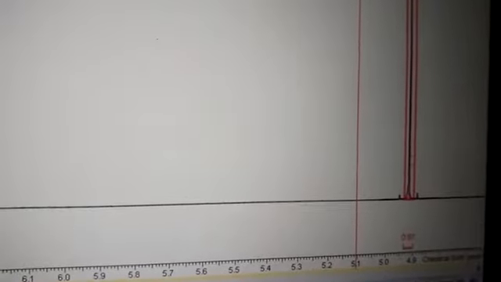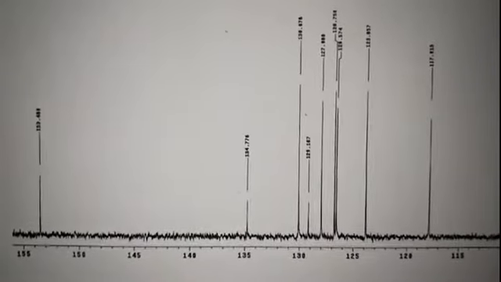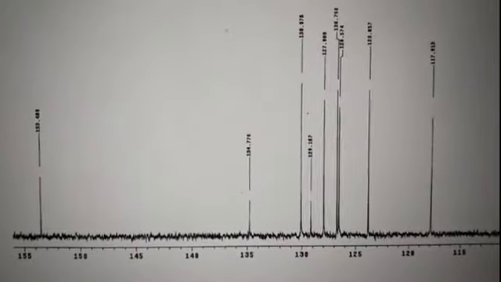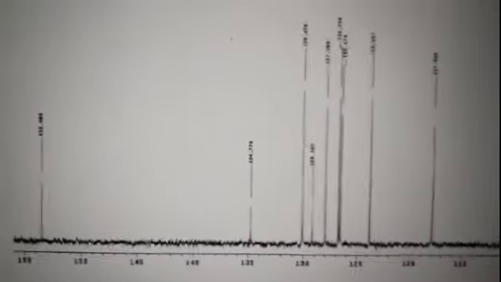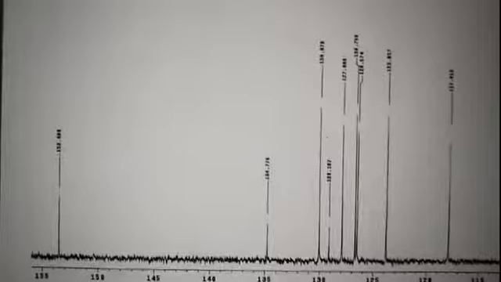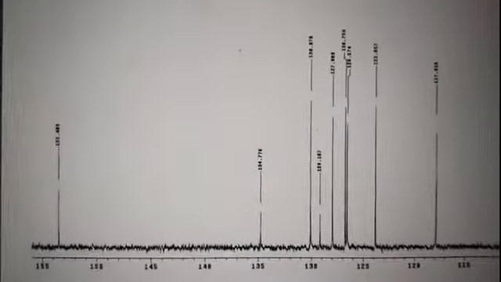And you already know you have an OH, and that is way down here around 5, and that's a 1H signal, so that makes sense. So from the proton NMR, you had 7 aromatic protons and then 1 proton from the alcohol.